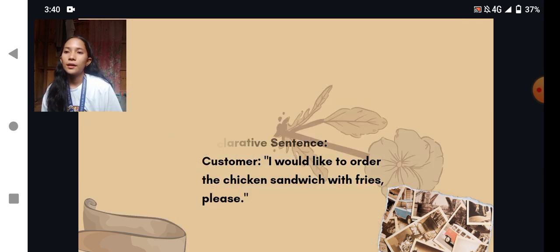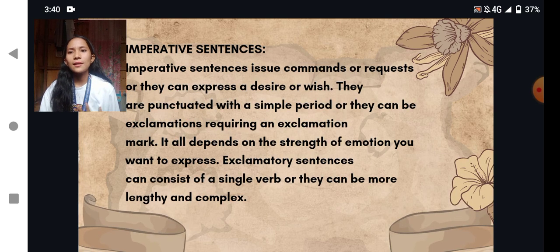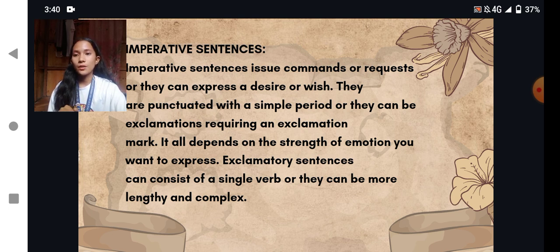So that's imperative sentences. Imperative sentences issue commands or requests, or they can express a desire or wish. They are punctuated with a simple period, or they can be exclamations requiring an exclamation mark. It all depends on the strength of emotion you want to express.